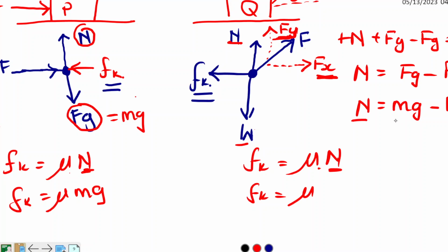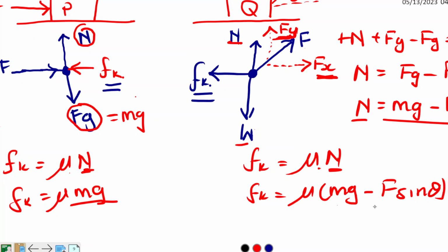So you can see this normal force is not the same as the other normal force. The normal force for P is this one. The normal force for Q is that one. So the kinetic frictional force for P won't be the same as for Q, because the normal forces of the two are not the same.